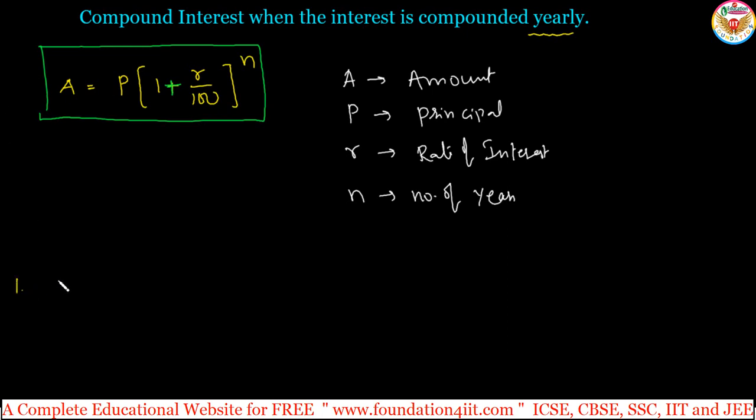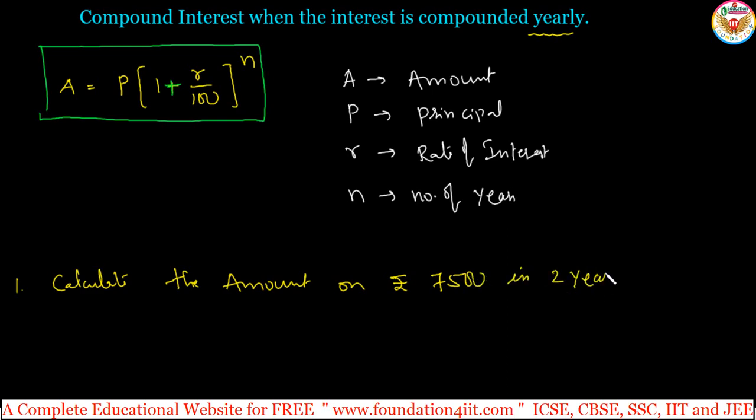For example, calculate the compound interest, or calculate the amount. Calculate the amount on rupees 7,500 in 2 years at 6% per annum, compounded annually.